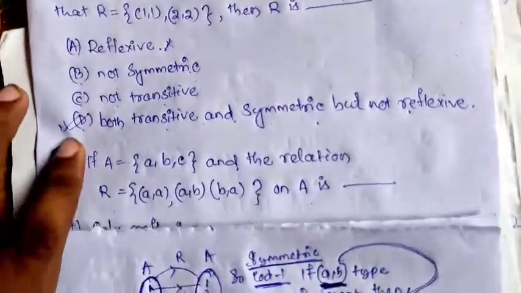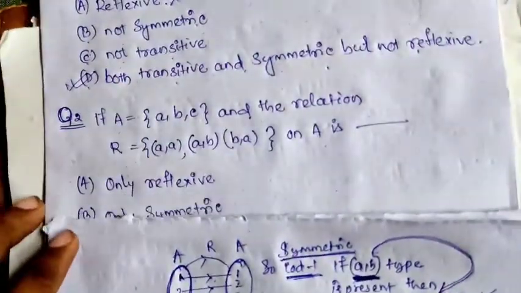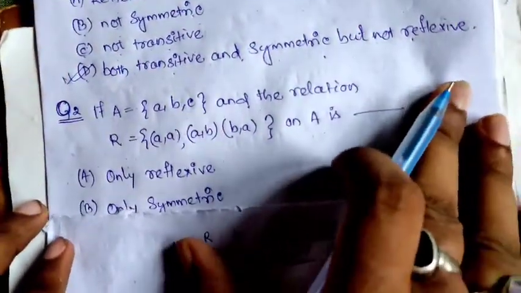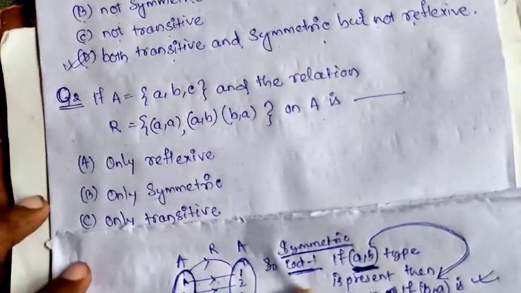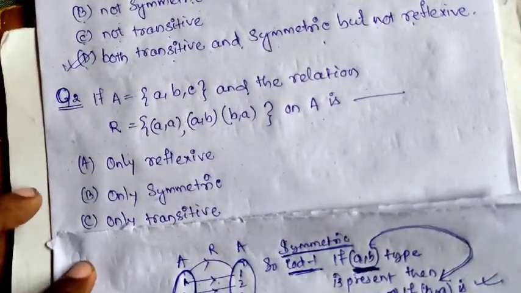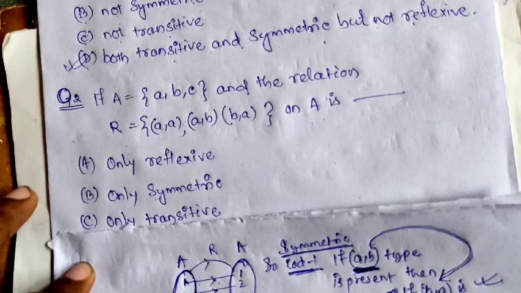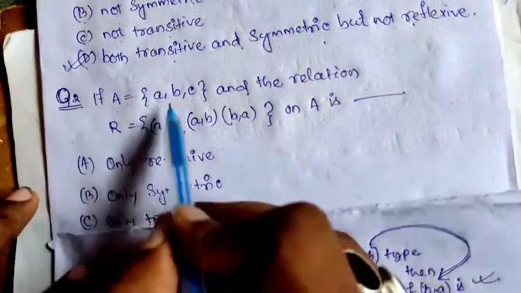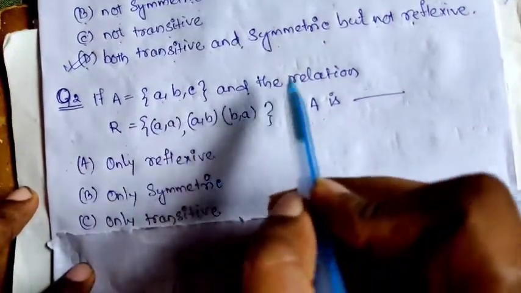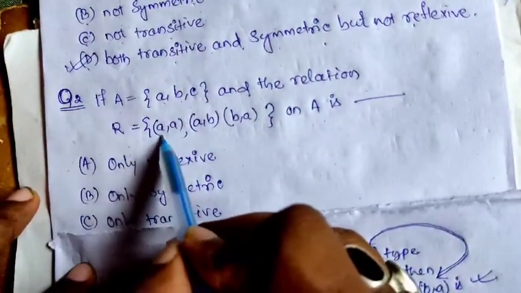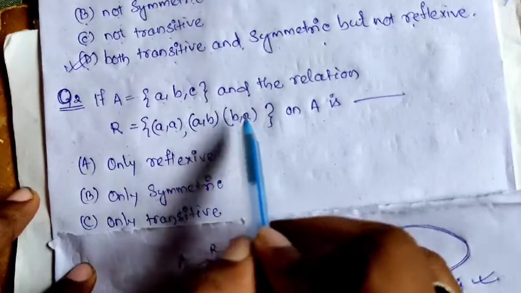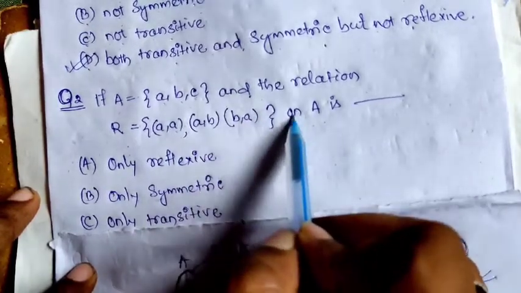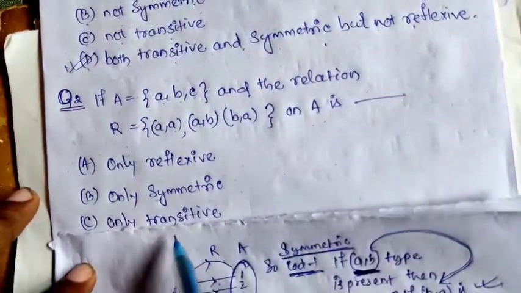Okay, similarly question 2 says if a set A having elements A, B, C and a relation R defined as (A,A), (A,B) ordered pair and (B,A) ordered pair on A is each dash.